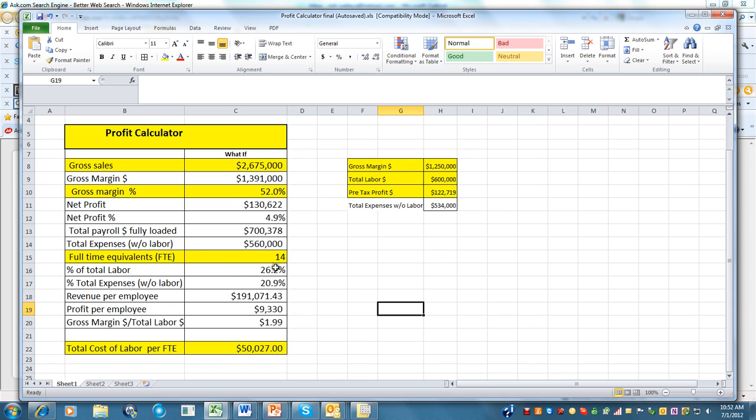Put in your total full-time equivalents. And what this will calculate is my revenue per employee, my percentage of labor to revenue and other expenses to revenue, profit per employee, and the total labor divided into gross margin. In other words, for every dollar I spend on labor, what am I getting back in gross margin? This last one is just your total cost of labor per full-time equivalent.